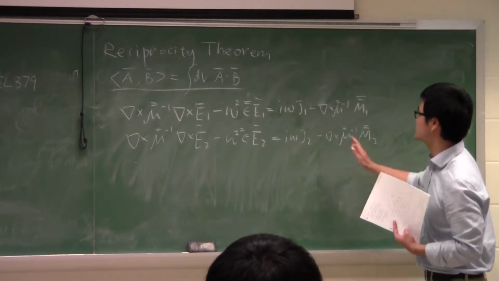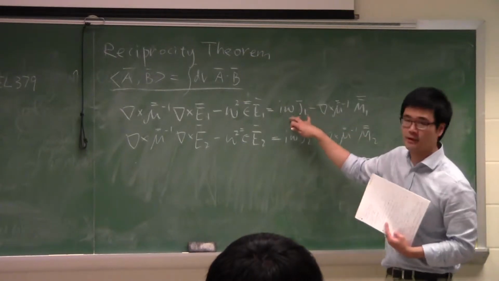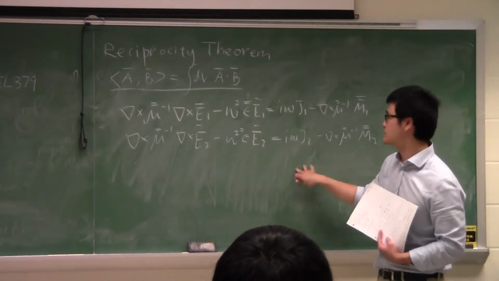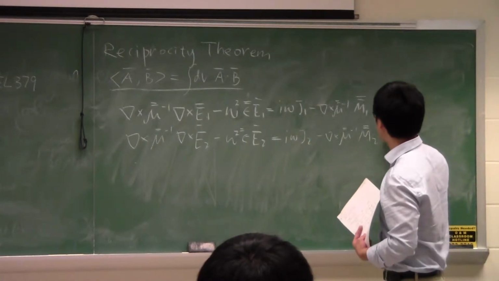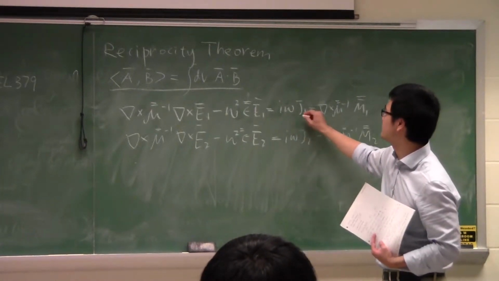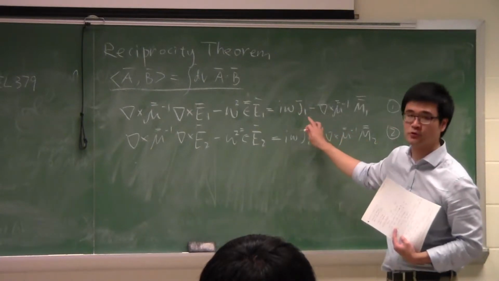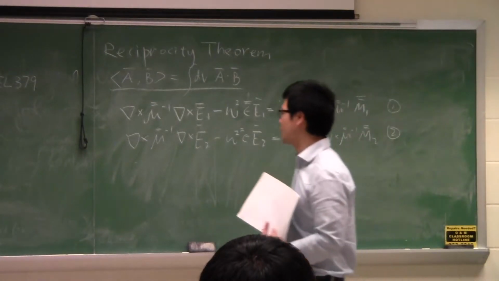Now we want to see the reaction between the current and the E field. What we do is dot this equation with the E field generated by source 2, and then we do the inner product.